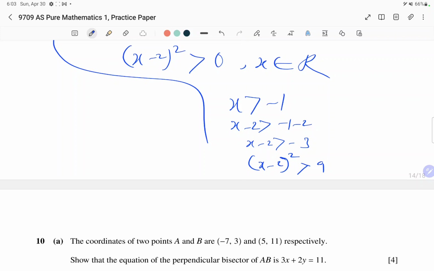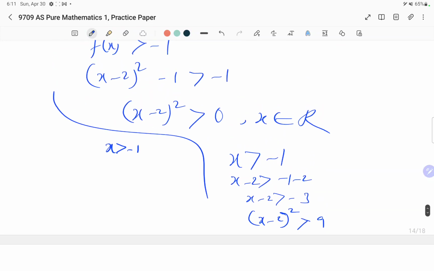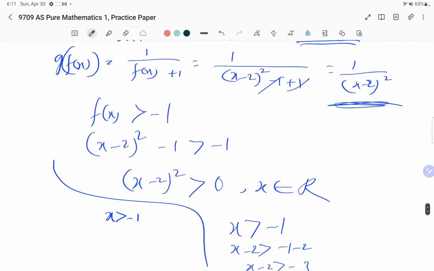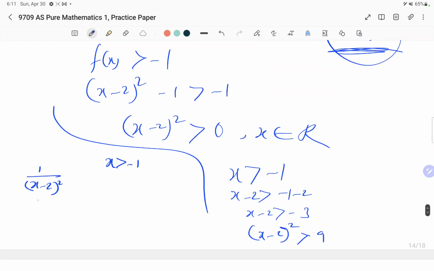Okay, here x is greater than minus 1, right? And we have to find the range for 1 over (x minus 2) whole square. So just put minus 1 here: 1 over (minus 1 minus 2) whole square, you will get 1 over 9. And x greater than minus 1 means it will go to infinity.